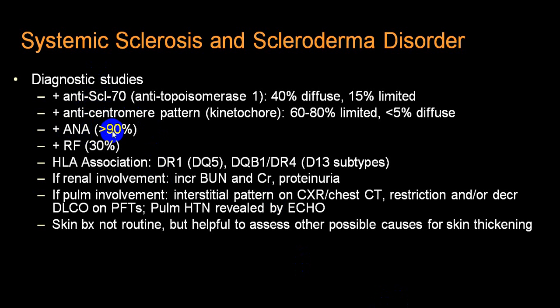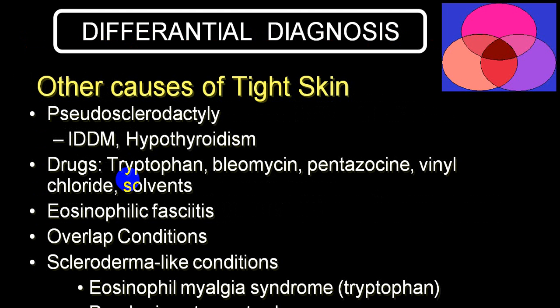ANA will be positive in almost 90% and RA factor in almost 30%. You can go for genetic HLA association and then organ involvement studies.